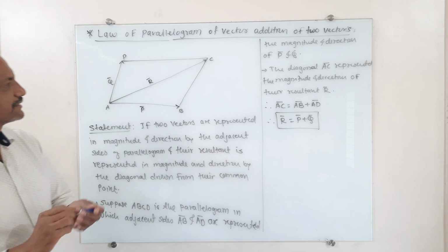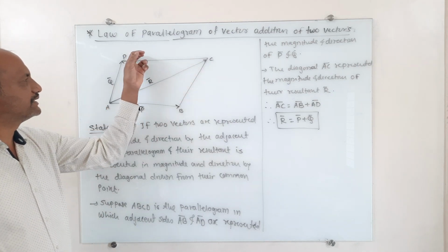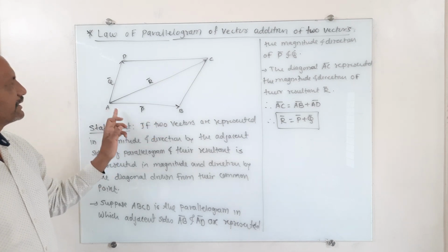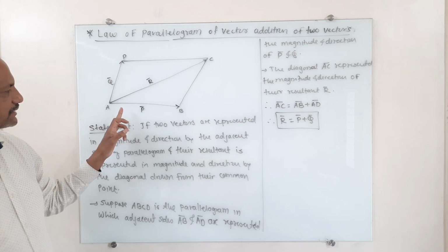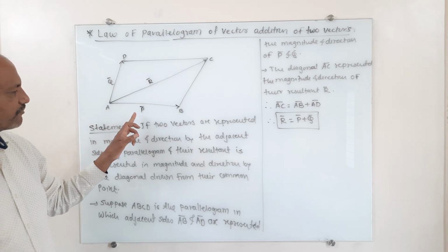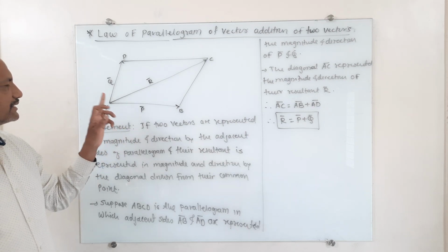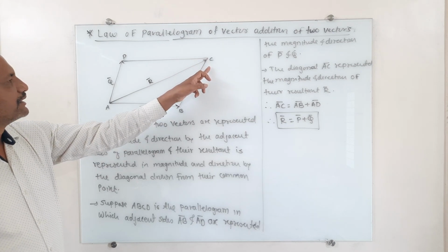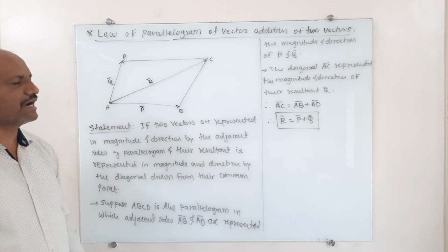Once again I told you that. Consider we have parallelogram ABCD in which adjacent sides AB bar and AD bar represent the magnitude and direction of vectors P bar and Q bar, and the diagonal AC bar represents the magnitude and direction of the resultant R bar.